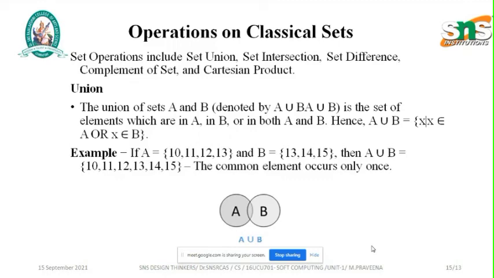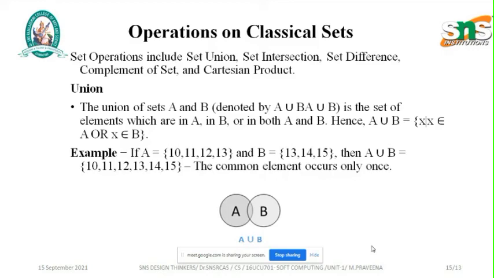The union of sets A and B is denoted using the symbol ∪. A union B is a set of elements which are in set A, or in B, or in both A and B. Hence A ∪ B = {x such that x belongs to A or x belongs to B}.